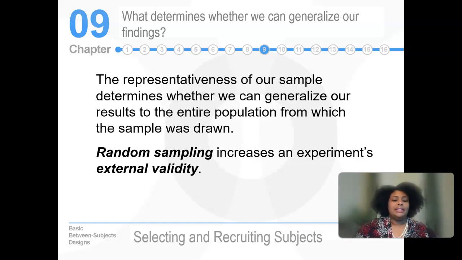Giving everyone within that criteria, or if we're just doing males versus females, the opportunity to be a part of the experiment can broaden our ability to represent the general population, thus increasing our external validity.